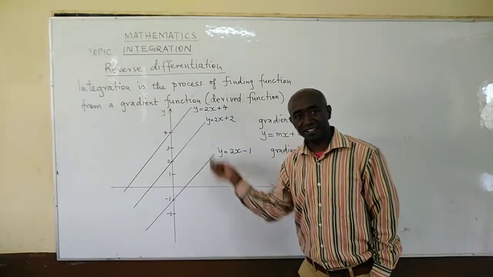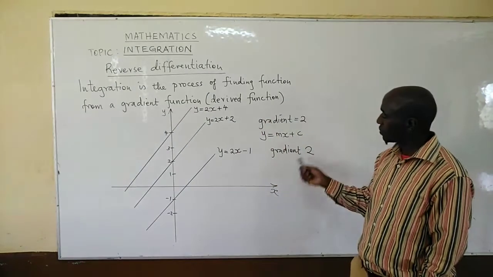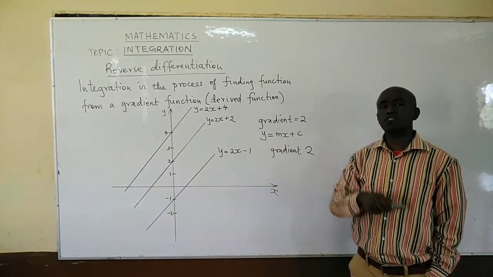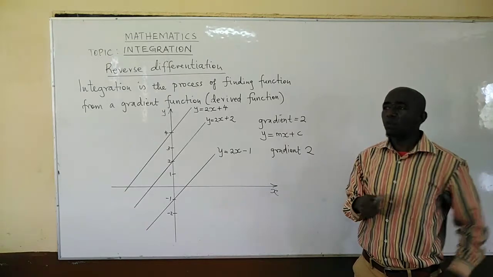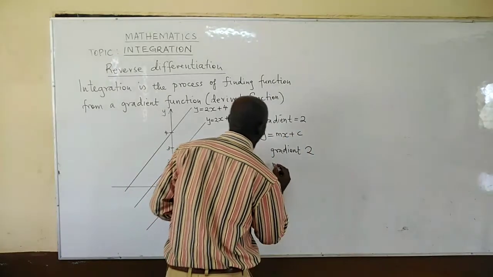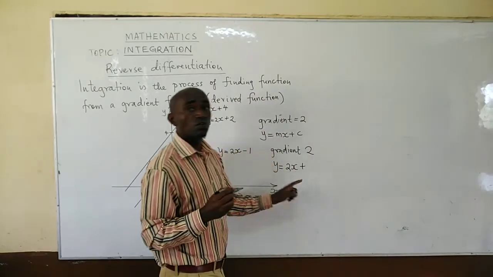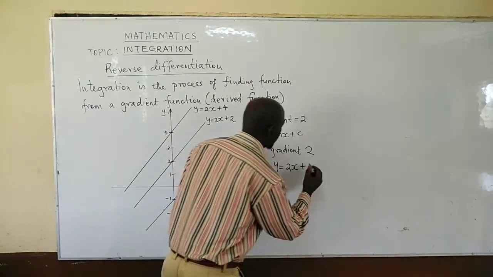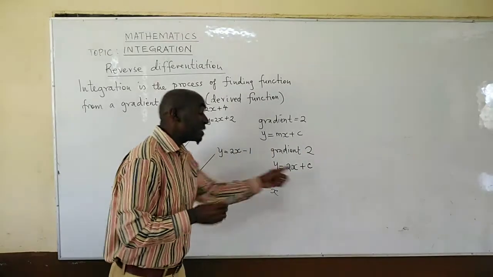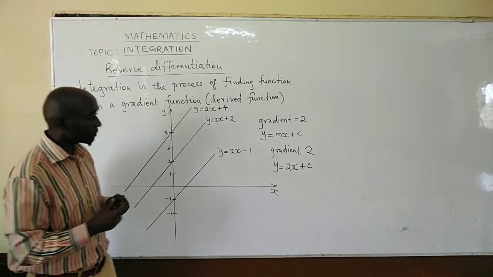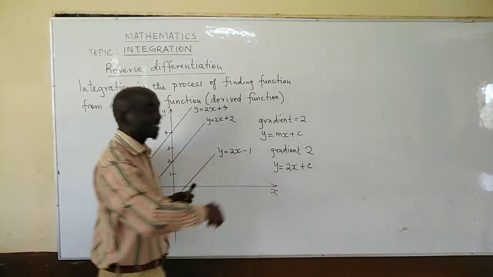Remember, this is just an example. So if someone asks you that the gradient of a line is 2, what is the equation of the line? Then the equation of that line will be y is equal to 2x plus a constant which you don't know. So we just say plus c, where this c is the y-intercept for a straight line. So this is actually integration.